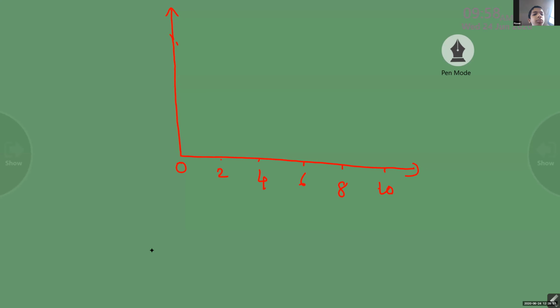Because I am going to draw a distance-time graph with the values. We have learned the graph without the values. Now with the values, how do we calculate the speed using the graph?